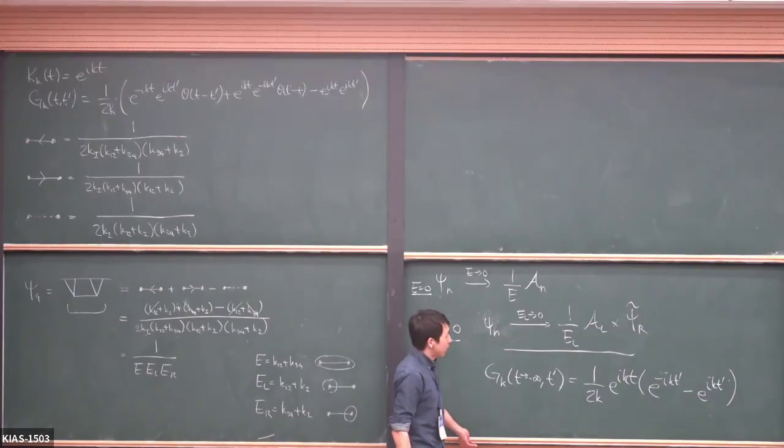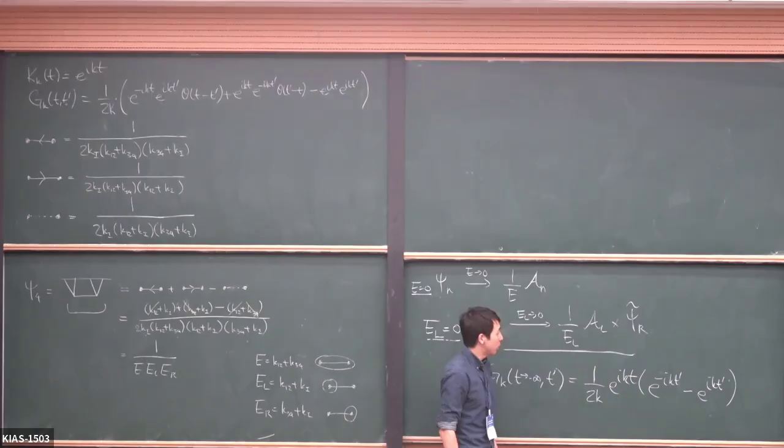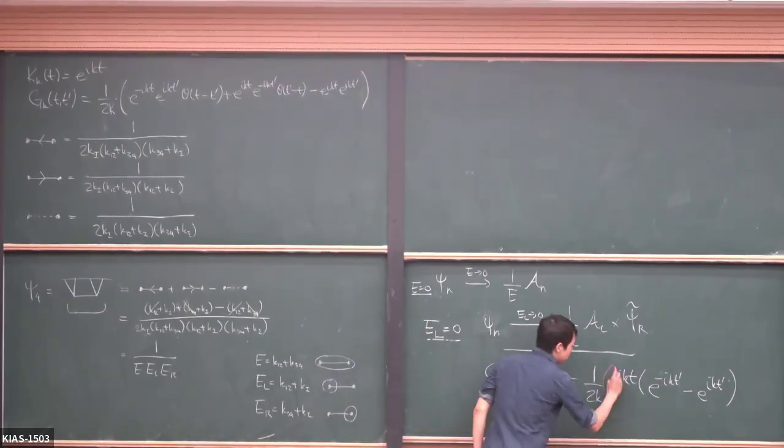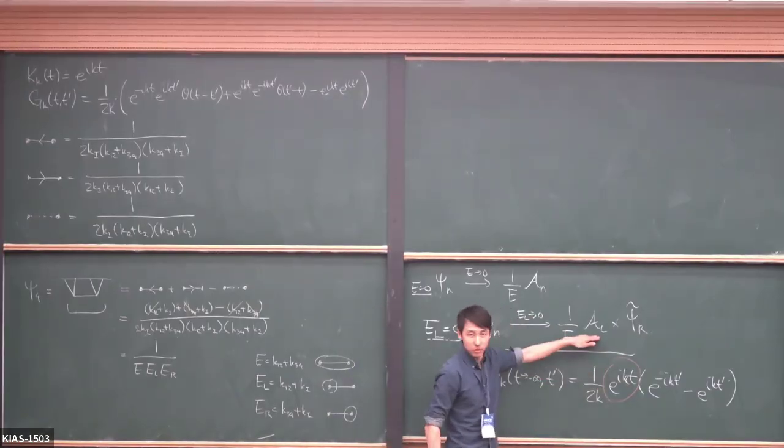So that means that when you take this limit inside the time integral, the time integral over t will reproduce the amplitude on the left side.